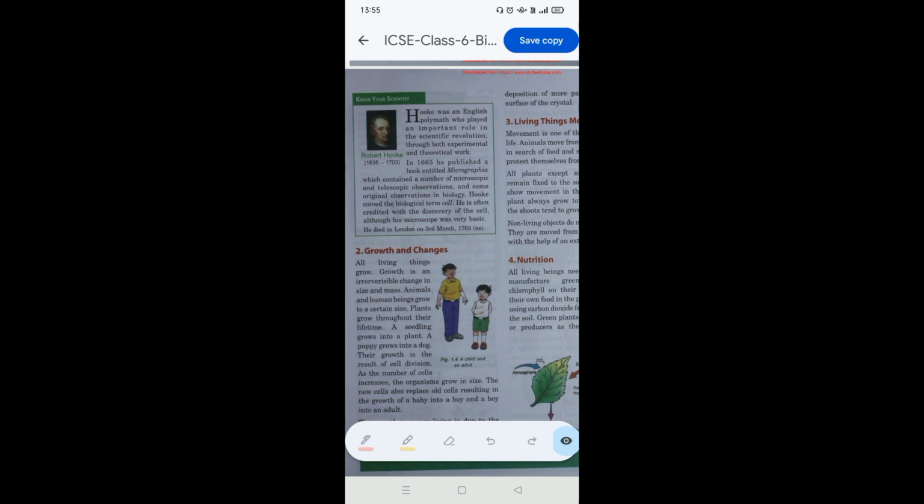So, know your scientist. Under this column, we can see that Robert Hooke, who was born in 1635, was an English polymath and the great scientist who published a book whose title was Micrographia, and he is the discoverer of the cell.